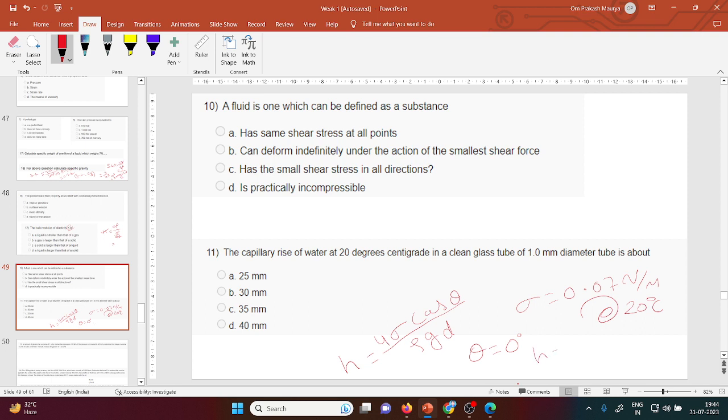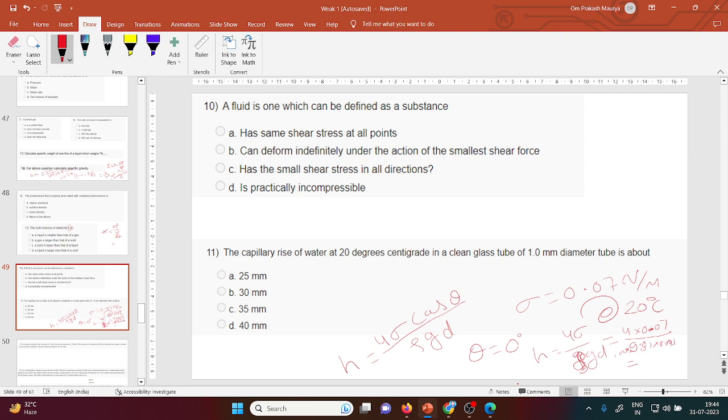So you are left with only 4 sigma and rho g d. Sigma, the surface tension, is 0.07, g is 9.81, rho is 1000, and d is 1 mm, that is, you need to put 0.001.